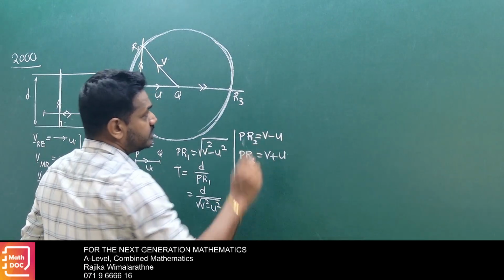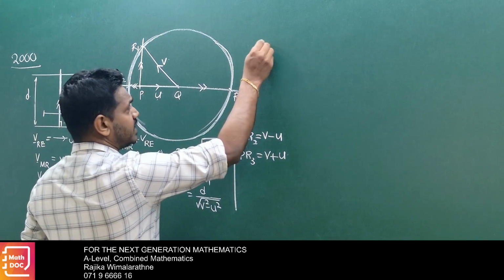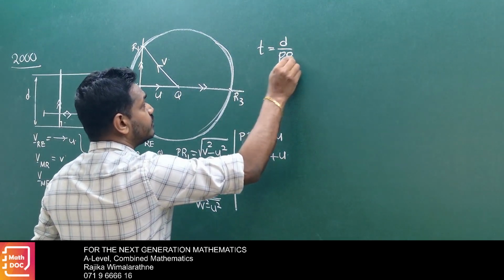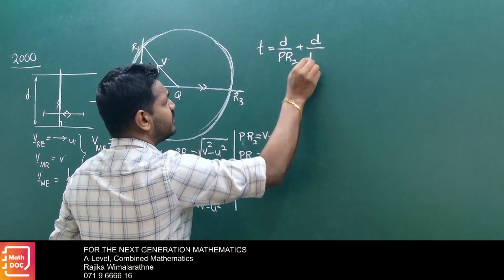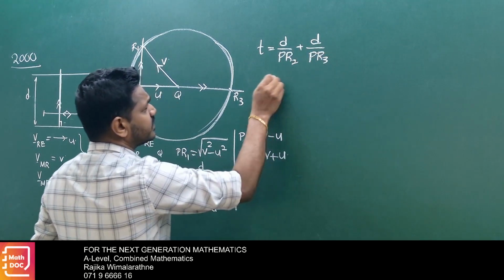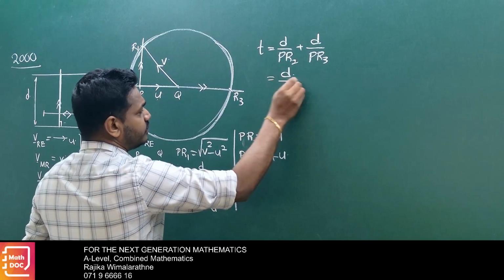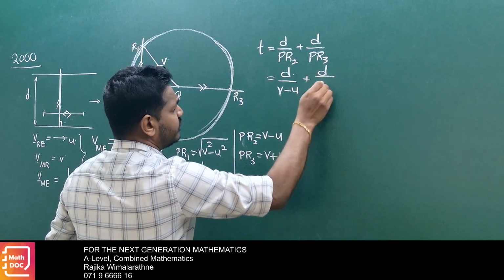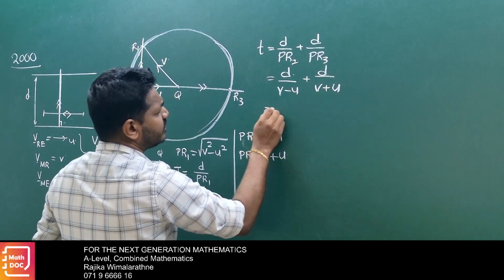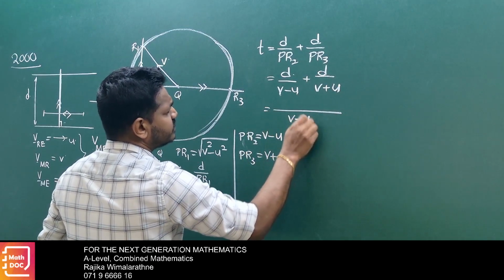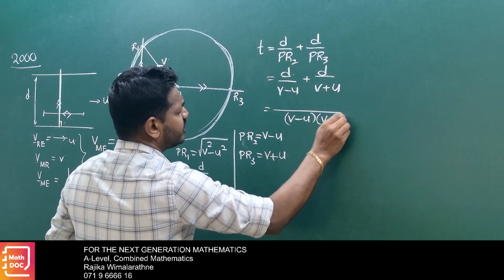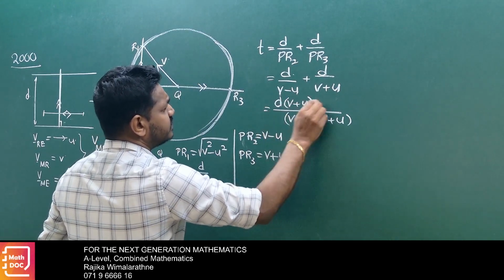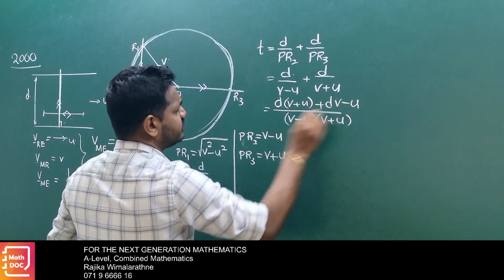With displacement d, the total time T equals d divided by PR2 plus d divided by PR3, that is d over v minus u plus d over v plus u, which gives d times v plus u plus d times v minus u over v minus u times v plus u.